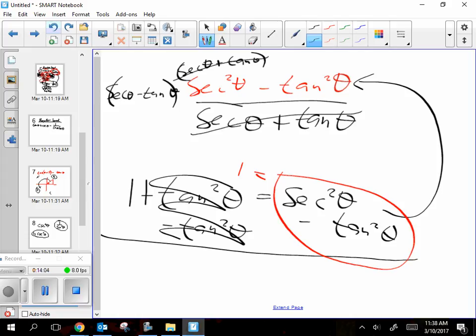That's allowed, and your final answer would be secant theta minus tangent theta. And I know some of you thought you did that by just going cancel, cancel, cancel, cancel. No, that won't work. That's showing me that you know how to make a major mistake of canceling. If you factor it first and then cancel it, then it's okay.